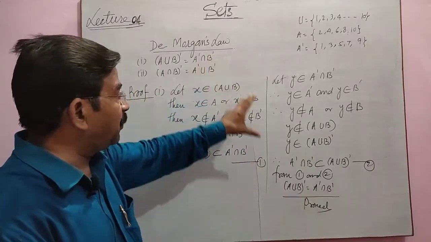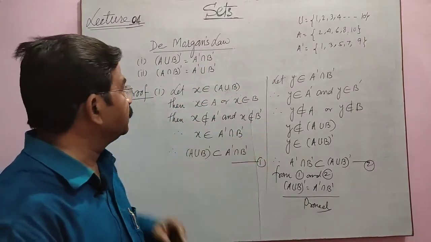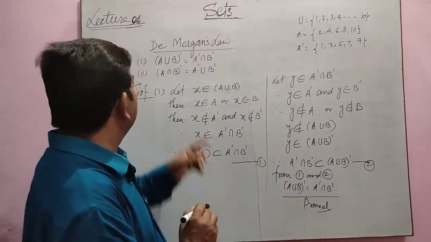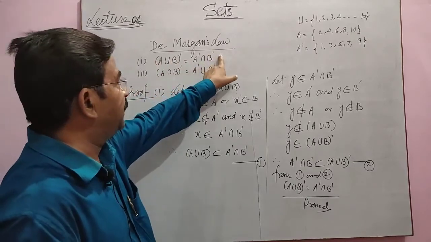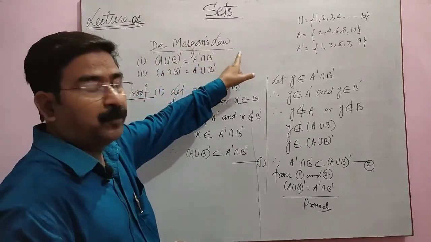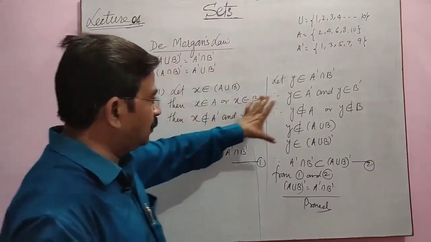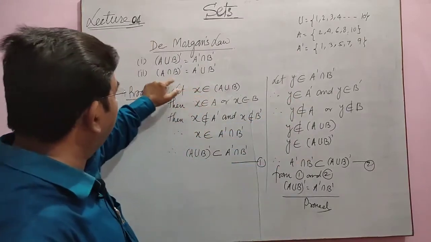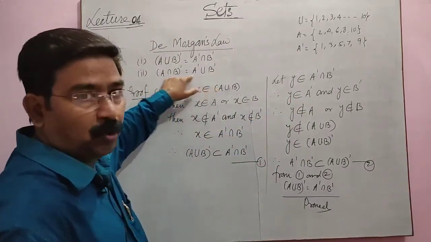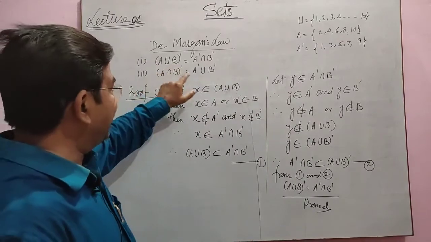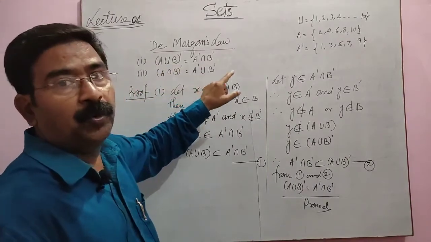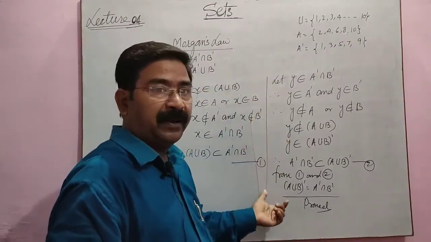So this is the proper proof of this. So I have written the proof of the first property. This is De Morgan's law, a very important property. This is the proof of the first. In the same way, the second one can be proved. So this second one you have to prove yourself in the same manner.